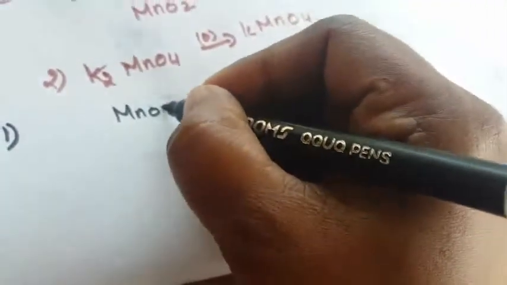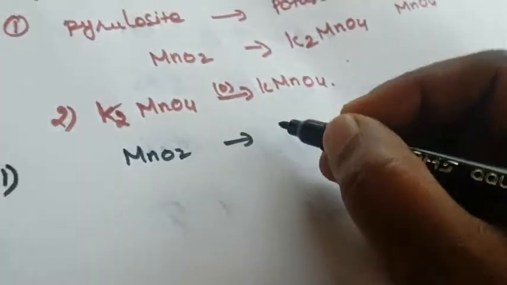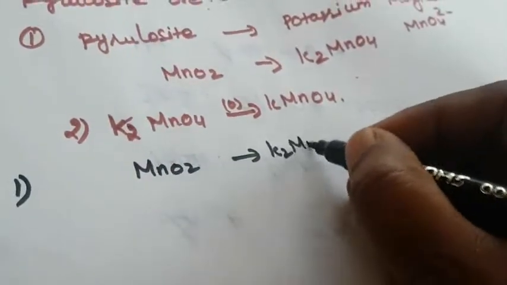First I write MnO2, converted into K2MnO4. This is the first step.